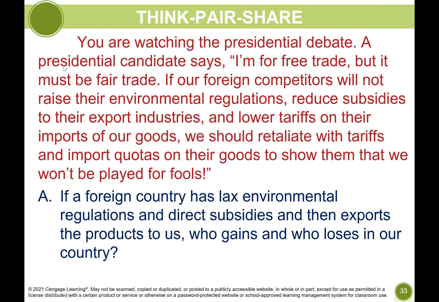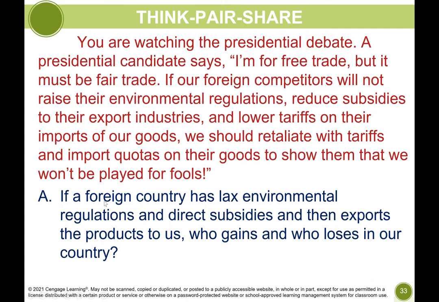Think, pair, and share. You are watching the presidential debate. A presidential candidate says, I am for free trade, but it must be fair trade. If our foreign competitors will not raise their environmental regulations, reduce subsidies to their export industries, and lower tariffs on their import of our goods, we should retaliate with tariffs and import quotas on their goods to show them that we won't be played for fools.